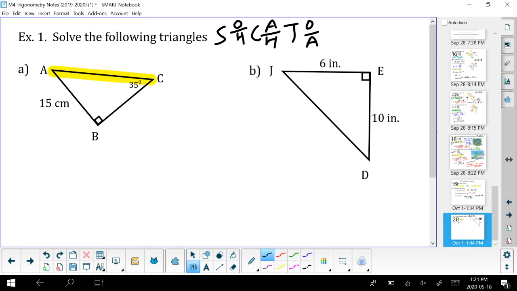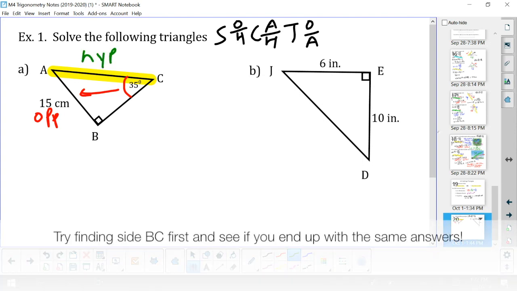But just as a visual aid for you guys in this video, we're going to start off by identifying our reference angle, which is right here. Directly across from it is my opposite side. Our yellow side there that we need is our hypotenuse. We don't really need that other side.